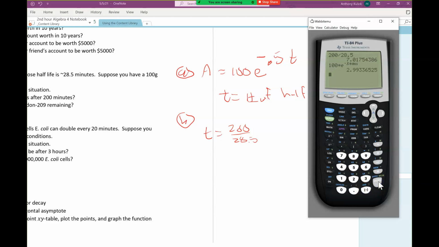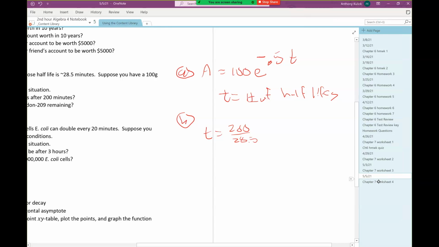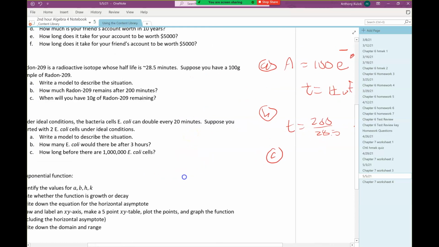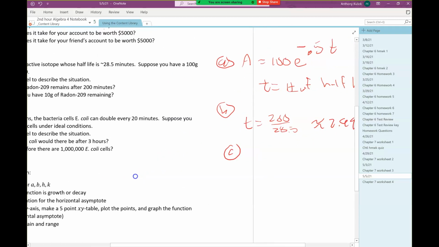So I'd have about 2.99 grams left. And then it says how or when would you have 10 grams remaining?